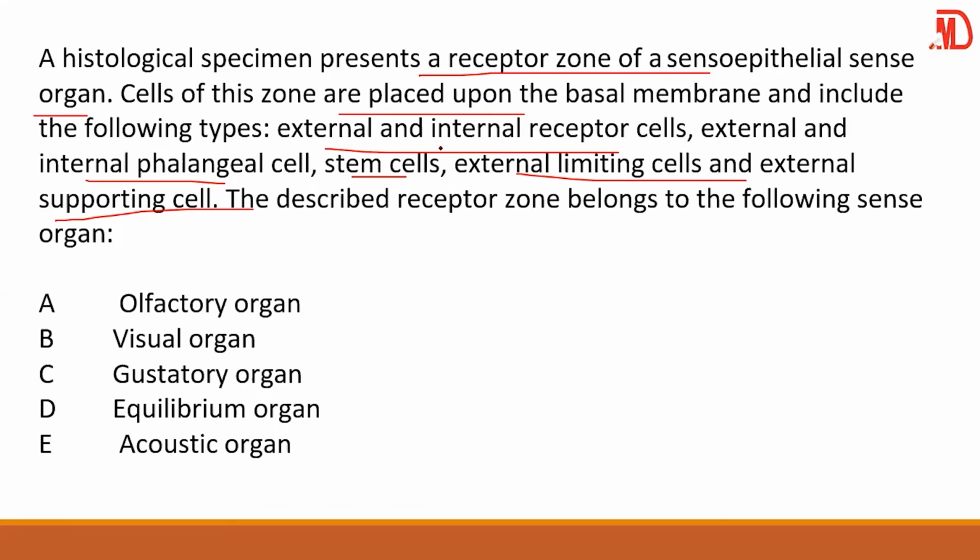The spiral organ is responsible for hearing. It contains all of these cells: the internal and external hair cells, also called the internal and external receptor cells, the internal and external phalangeal cells, the external limiting cells, and the cells of Claudius.